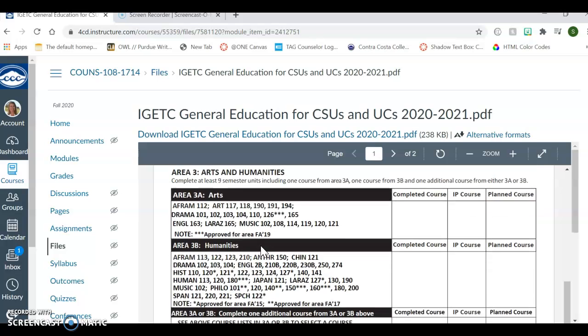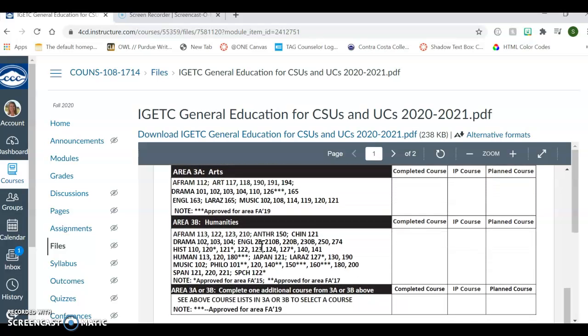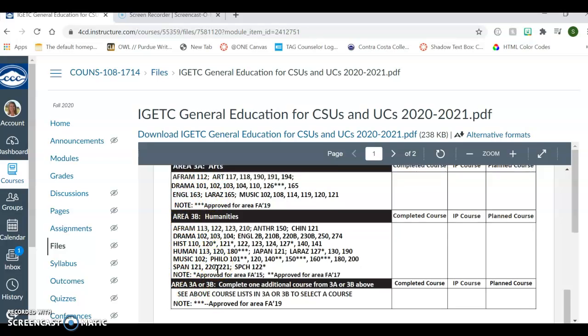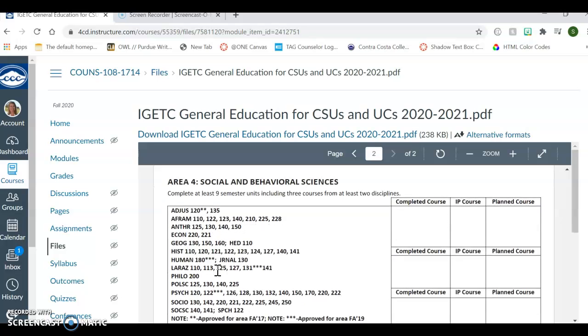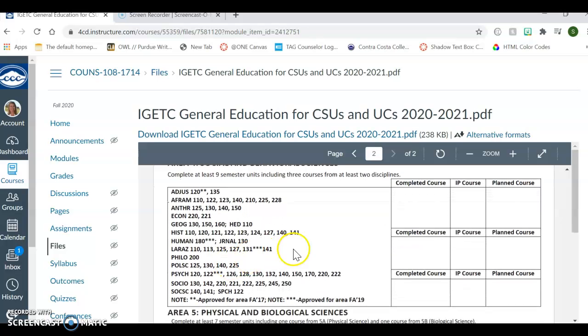Area 3, Arts and Humanities, there are 3 courses that you're choosing from this area. 1 from 3A, 1 from 3B, and your 3rd comes from either section. Area 4, Social and Behavioral Sciences, you choose 3 courses from this area, but please note that they have to come from at least 2 different disciplines.